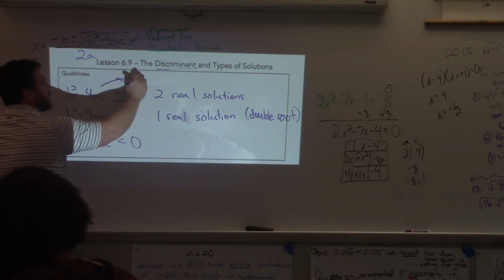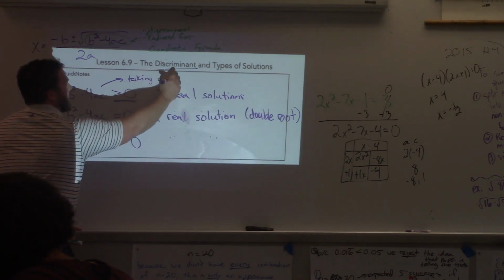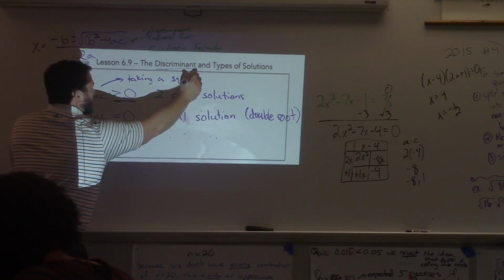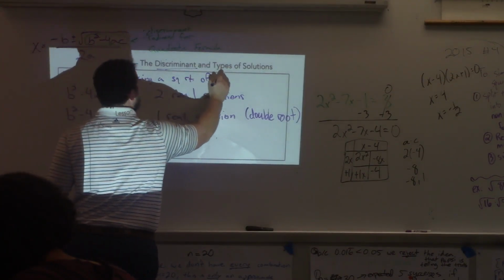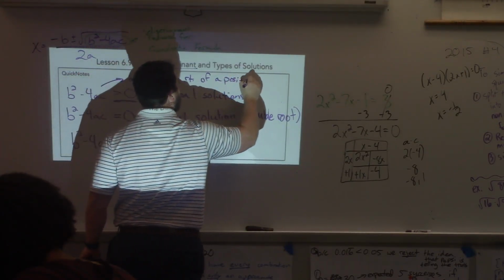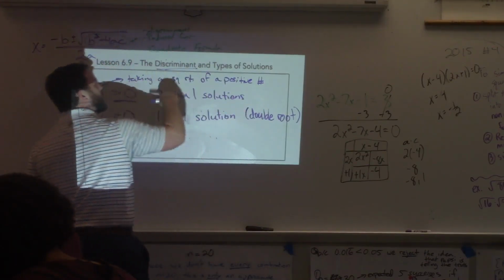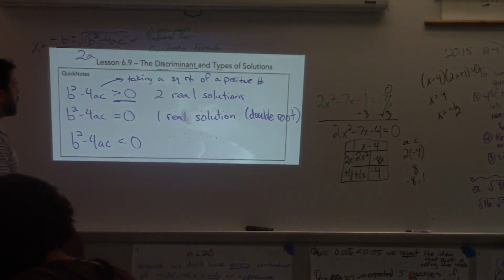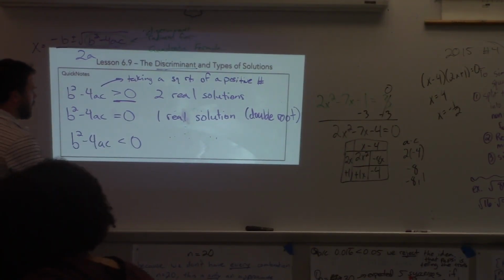We're taking a square root of a positive number. That's what we're saying here. We're taking the square root of a positive number. That's why we got two real solutions. Here we're taking the square root of 0, so we just got one real solution. But here, we're taking the square root of a what?